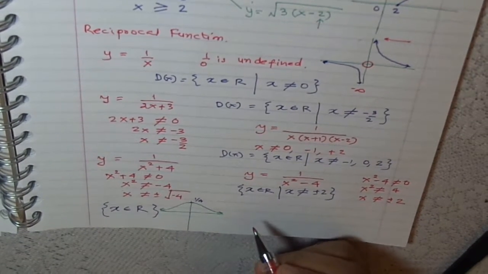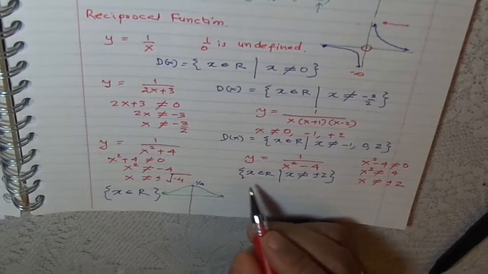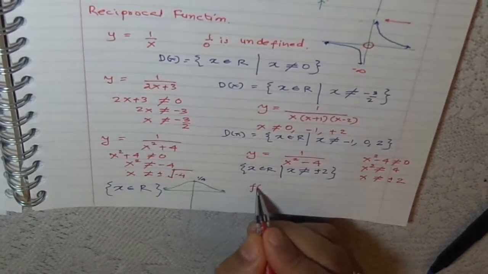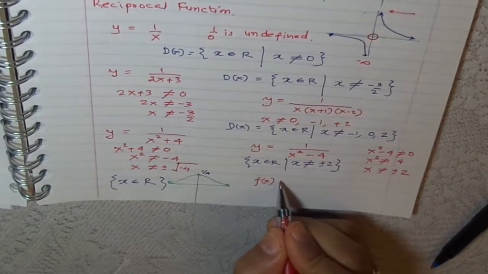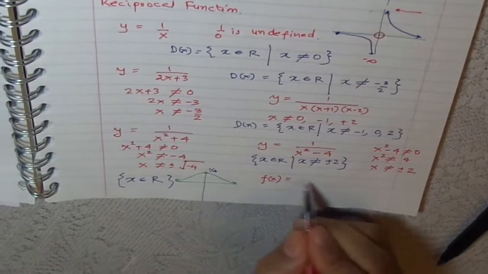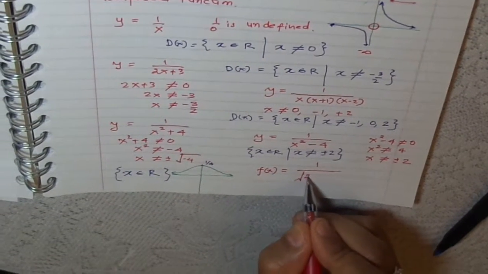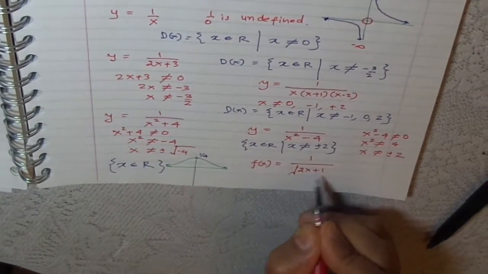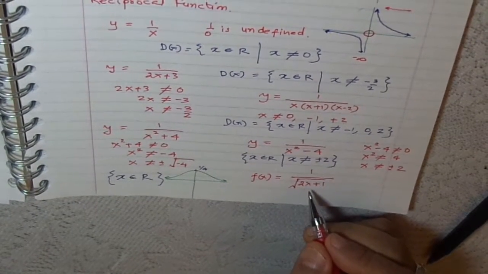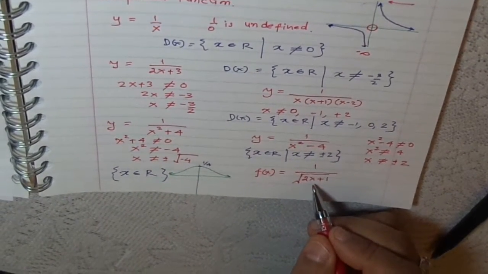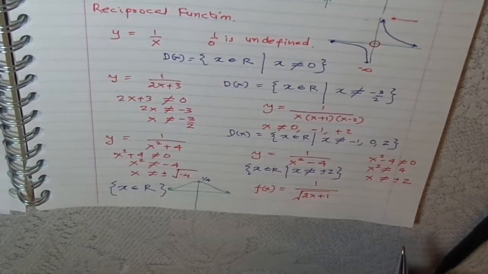And let me put a square root in the denominator this time. And let me also write, instead of y, f(x), because all these are functions. And I could have written f(x) for all the previous equations also. Okay. Now, let's say we write it like this, equals to 1 over square root of 2x plus 1. Now in this case, the denominator should not be 0 and should not be negative also, because then the square root will not work.